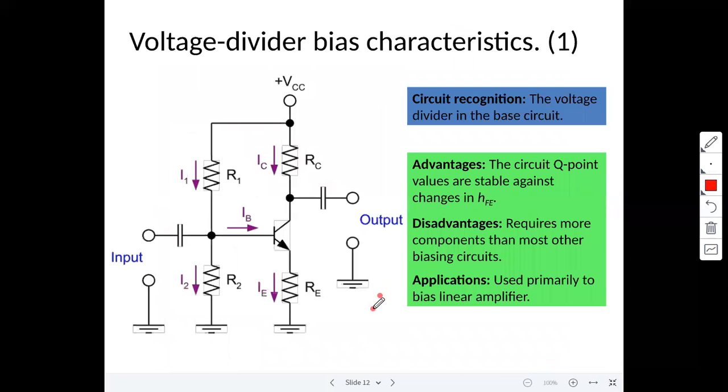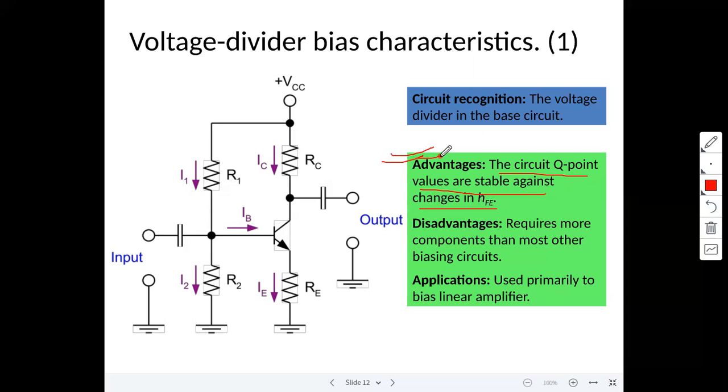Okay, these are all the conclusions of voltage divider bias circuits. Here the circuit configuration is voltage divider bias. The main advantage is that the circuit Q point values are stable against the changes in HFE. Remember, this is the main advantage compared to all the remaining bias techniques.